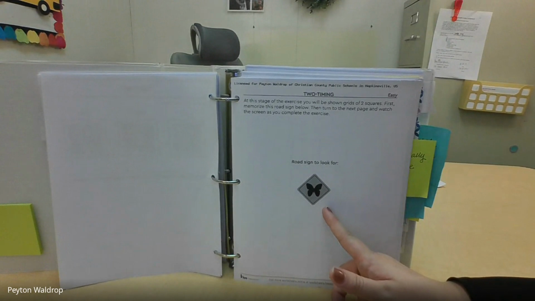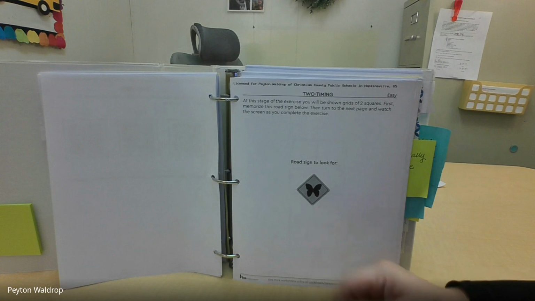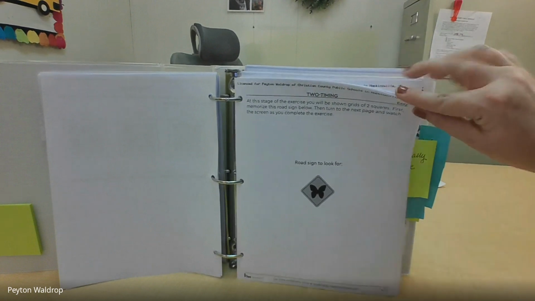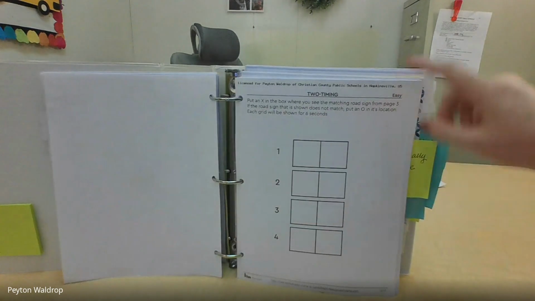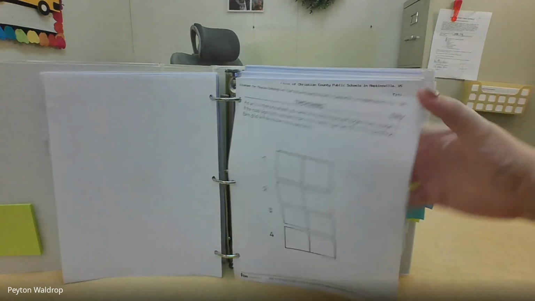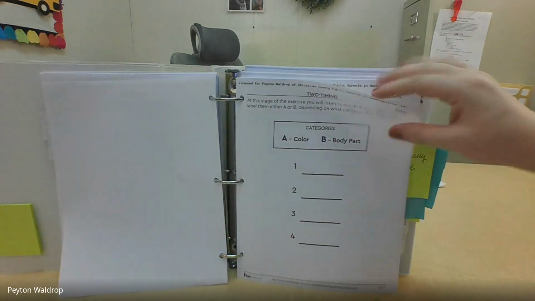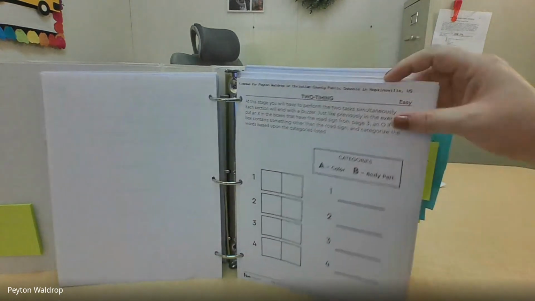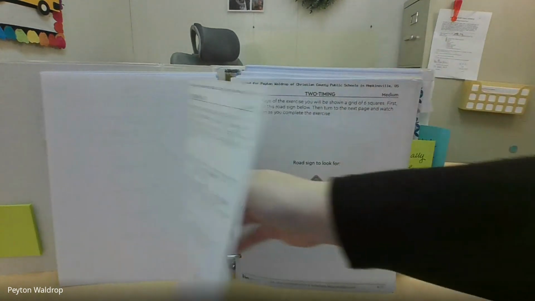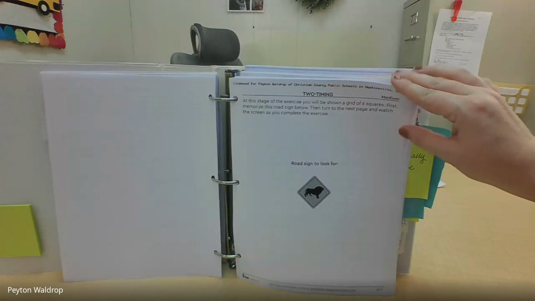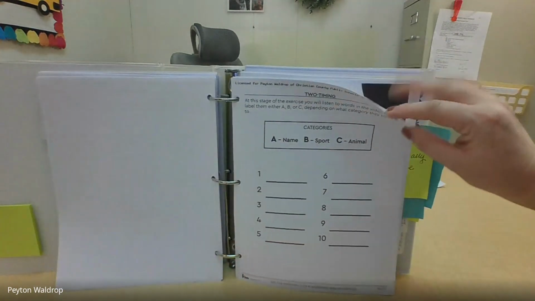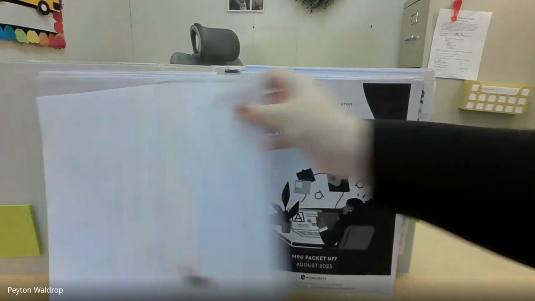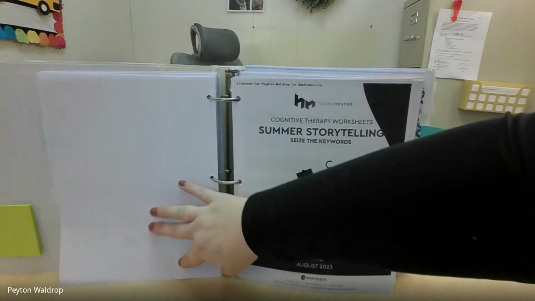For instance, they might be looking for this road sign with a butterfly on it. And then the activities are tailored to either easy, medium, or hard. All right, so there's that activity.